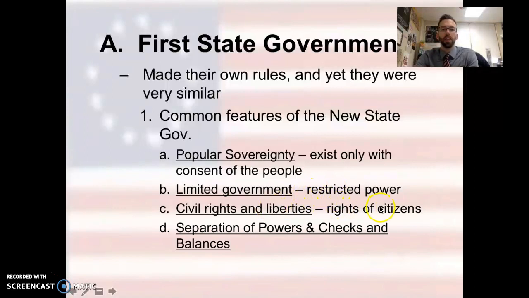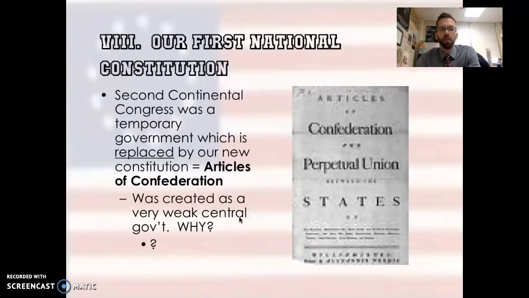The individual citizens do have rights, civil liberties, and civil rights, and there is some sort of separation of powers between different parts of the government. But again, to start, it's 13 separate state governments all kind of doing their own thing, which is not going to be efficient or practical for a country.